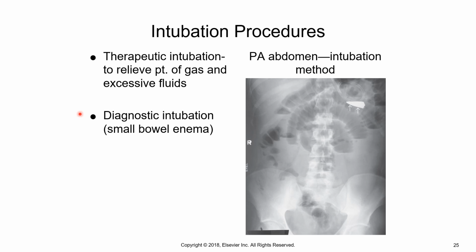Except with the diagnostic intubation, the patient is typically too sick to actually ingest the barium, so it is placed through the catheter. So that is the intubation method. There are two types: therapeutic intubation and diagnostic intubation.